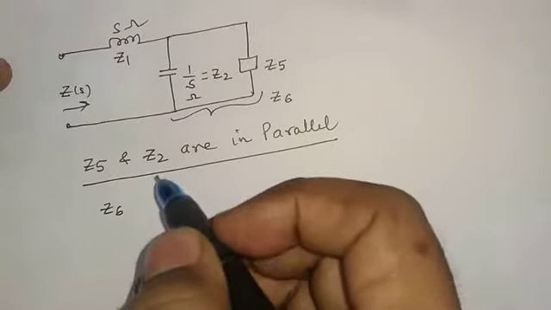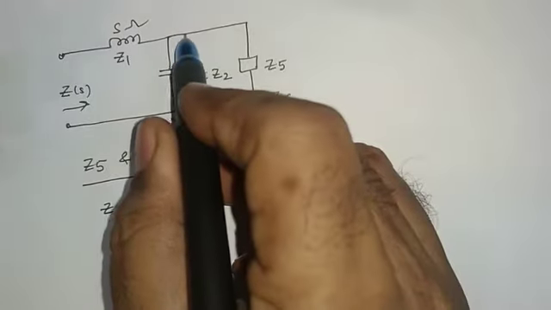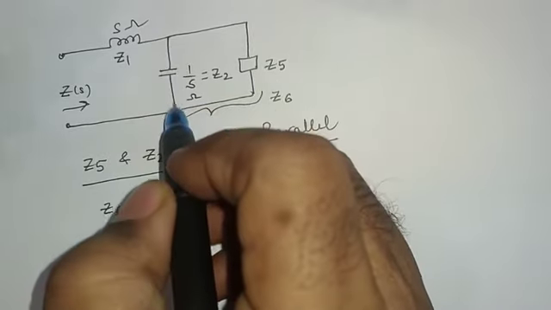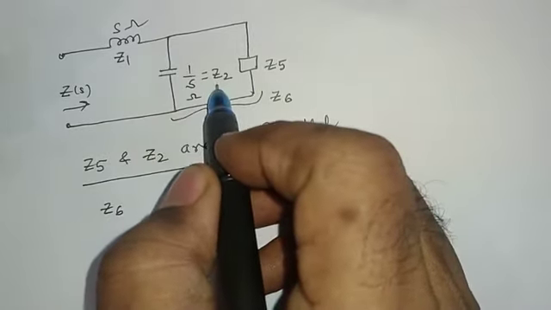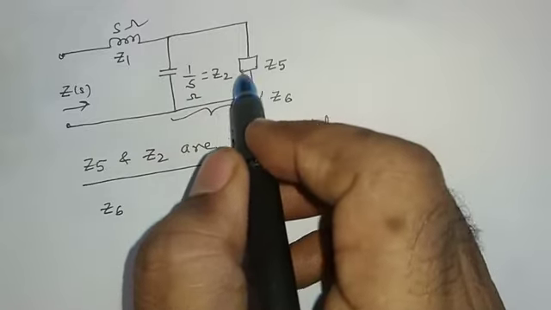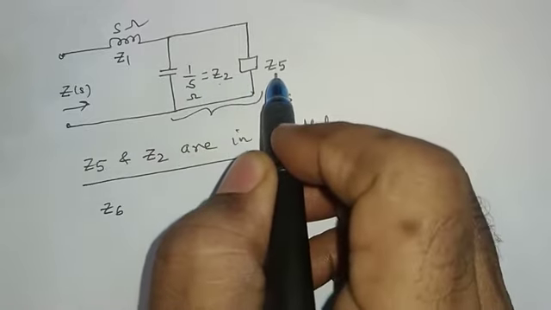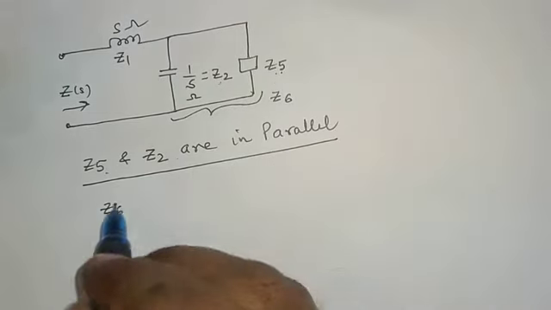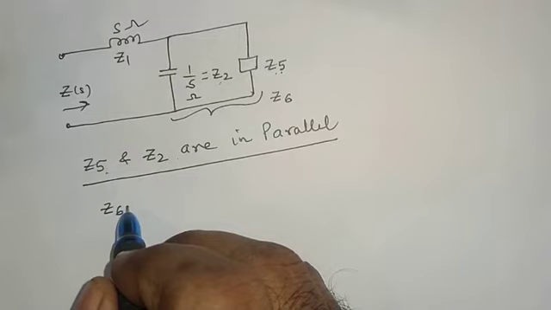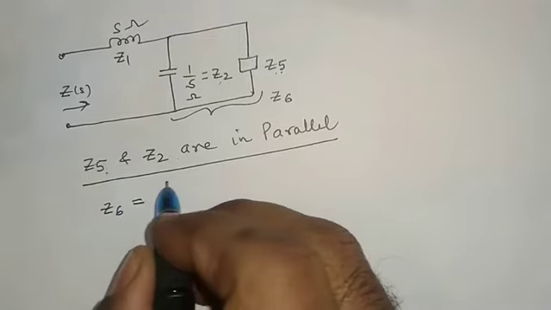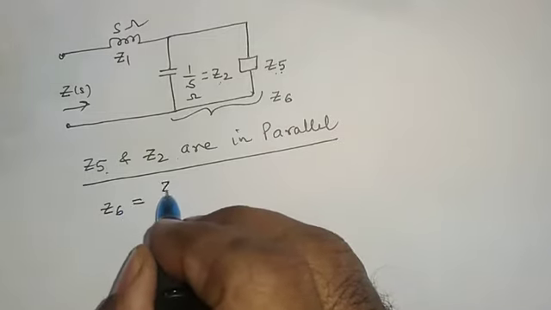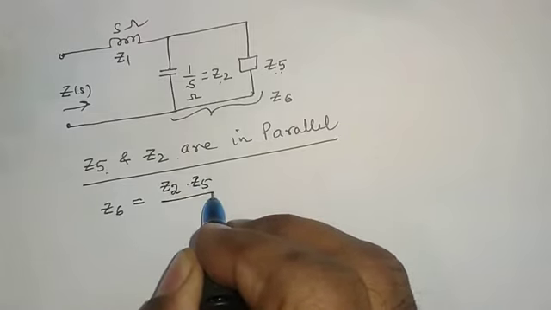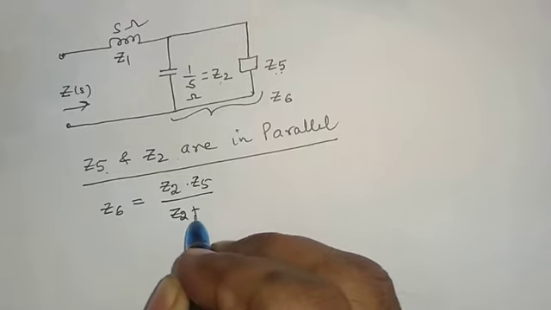Now 1 upon S I have represented by Z2. Then see the circuit, Z2 and Z5 are in parallel. If its equivalent I represent by Z6, then Z2 and Z5 equivalent will be Z2 into Z5 divided by Z2 plus Z5.